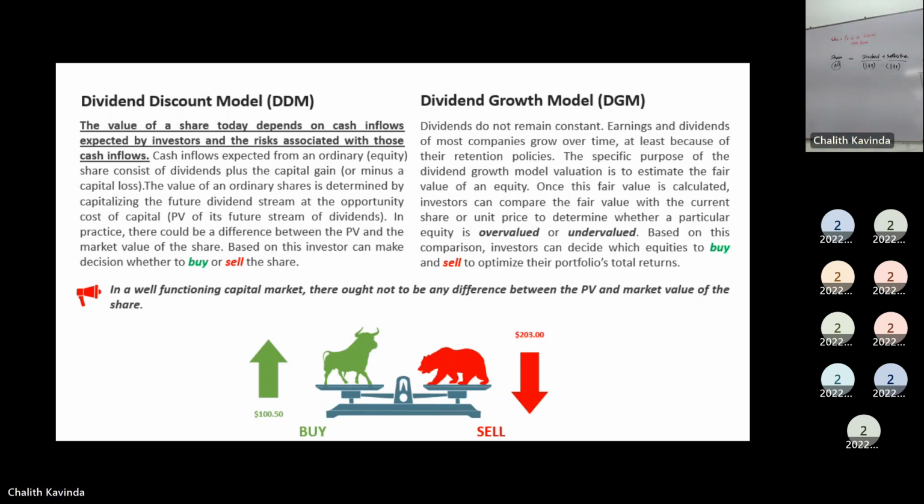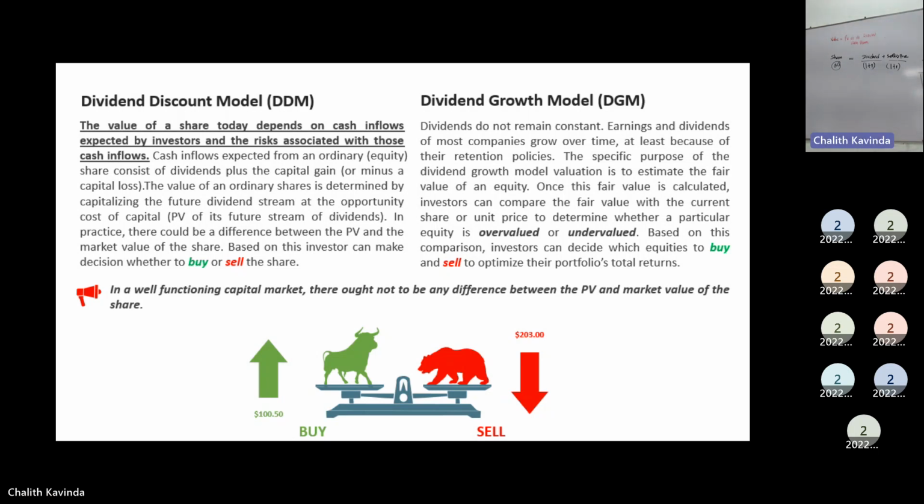Cash inflows expected from the ordinary share consist of dividend plus capital gain. I have mentioned capital gain because usually that word is used. If you are a shareholder, you are expecting two returns, dividend and capital gain, but you need to know that it is the selling price when it comes to valuation.